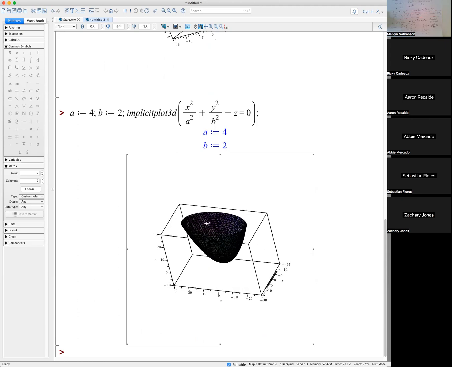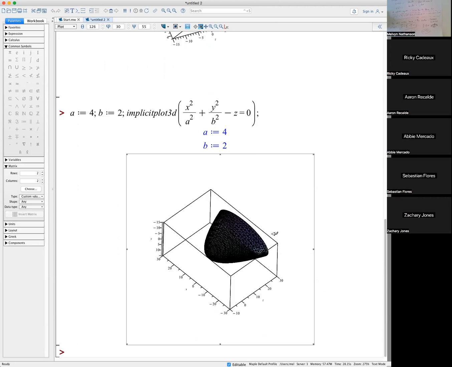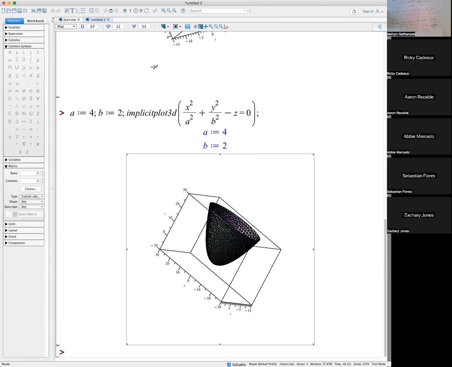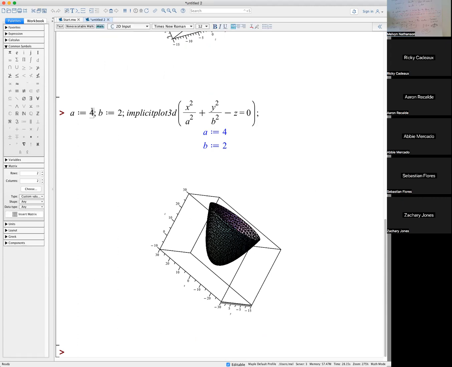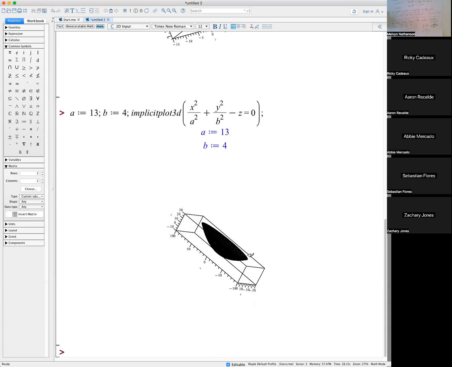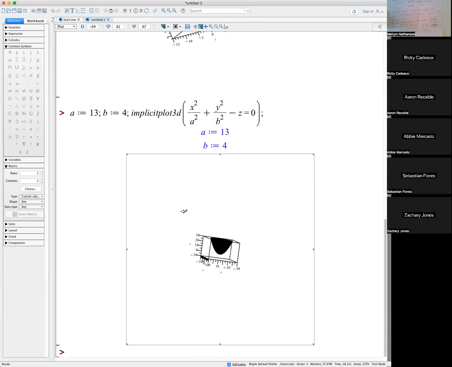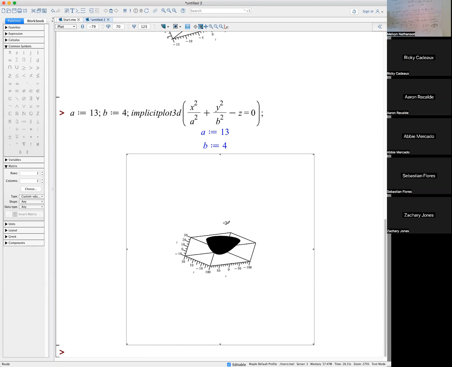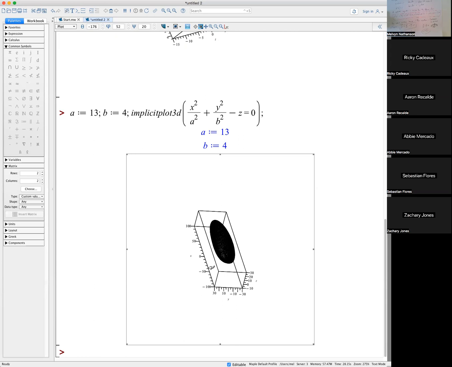You look inside. It's kind of cool. If I change these parameters, let's make this 13 and 4. Looks different.